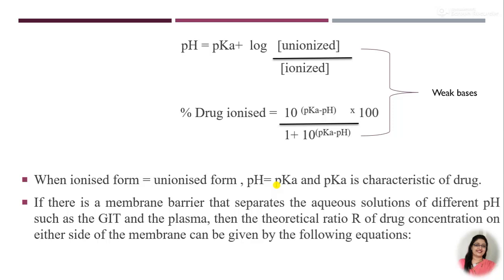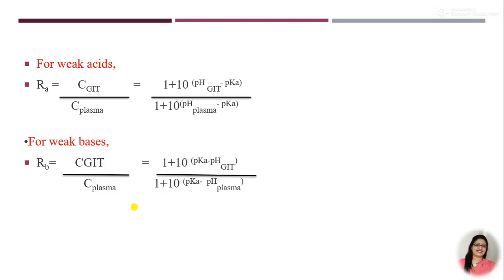Now, if there is a membrane barrier that separates aqueous solutions of different pH, such as GI tract and plasma, then the theoretical ratio R of drug concentration on either side of the membrane is given by the equations Ra and Rb, where Ra is the ratio for weak acid and Rb is the ratio for weak base.